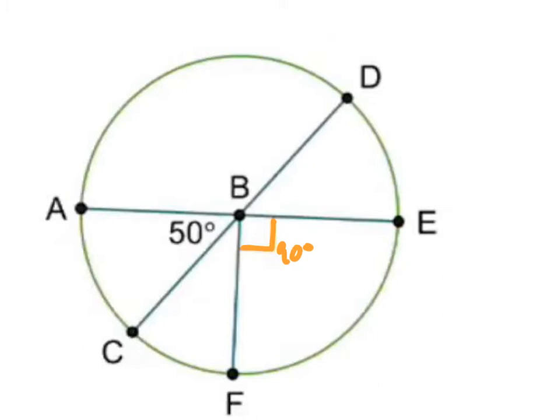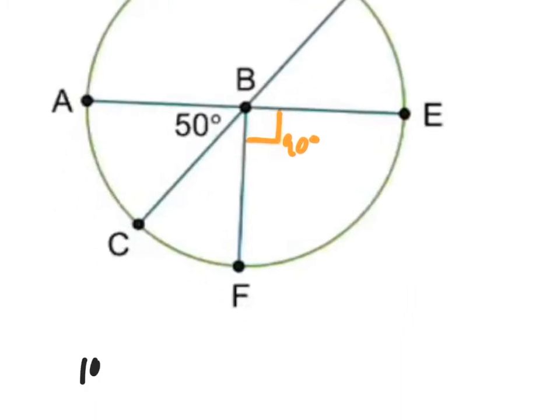Now this is 50 degrees, this we don't know, and this is 90. But the whole thing has to add up to 180. So if I take 180 and subtract off 90 and subtract off 50, that's going to give me a measure of 40 degrees.